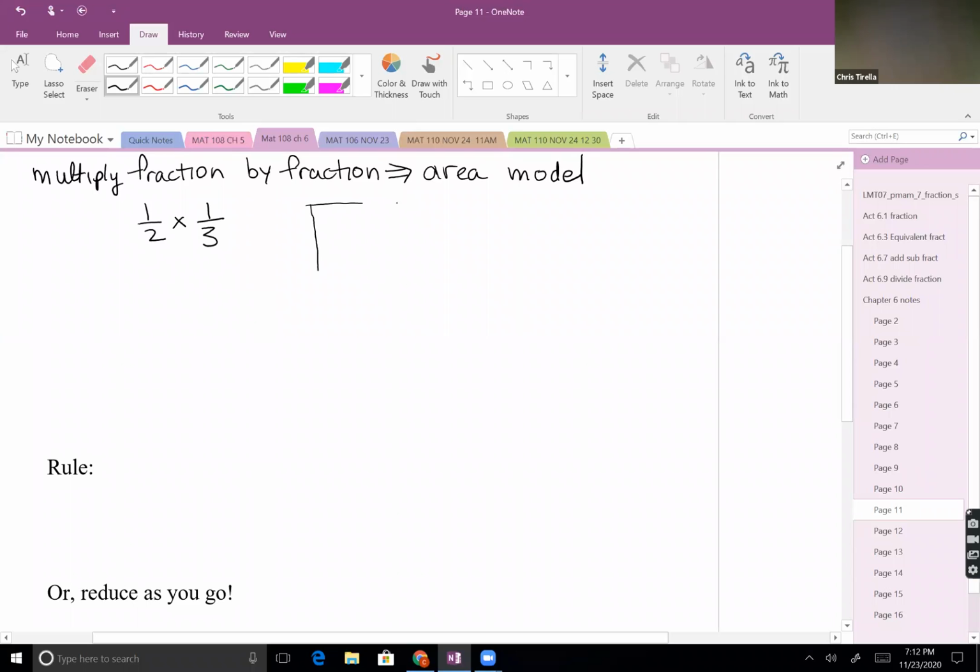I'm going to look at having a square or a rectangle. And on one side, I'm going to think of dividing it in half. So this would be 1/2. And then on the other side, I want to think of dividing it into thirds. And so this would be 1/3.